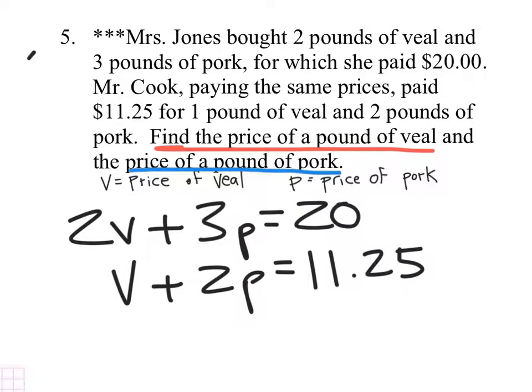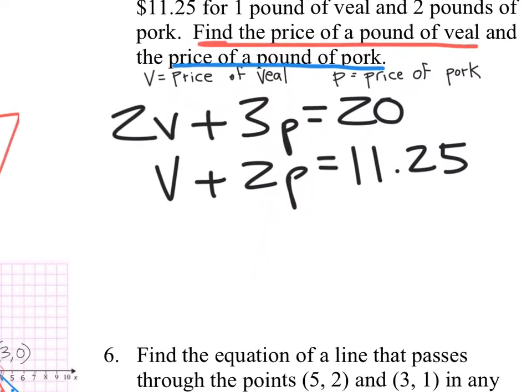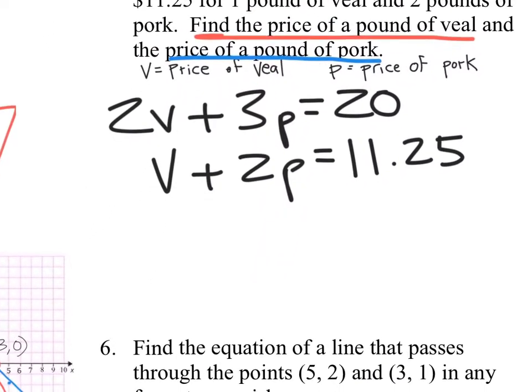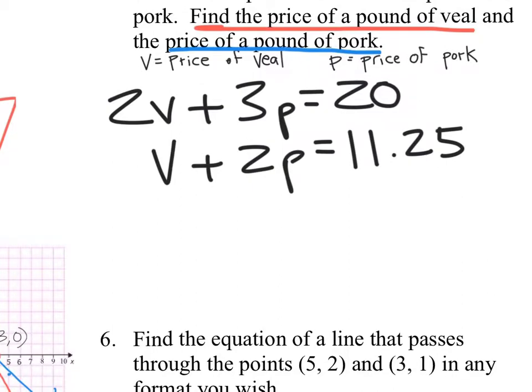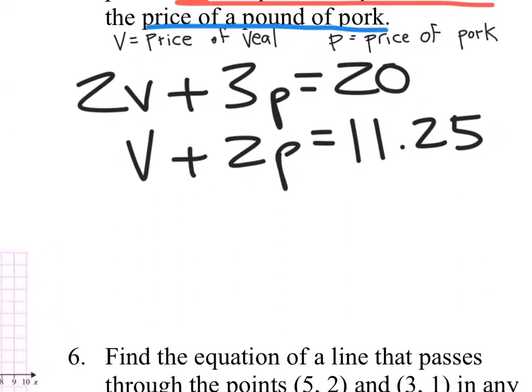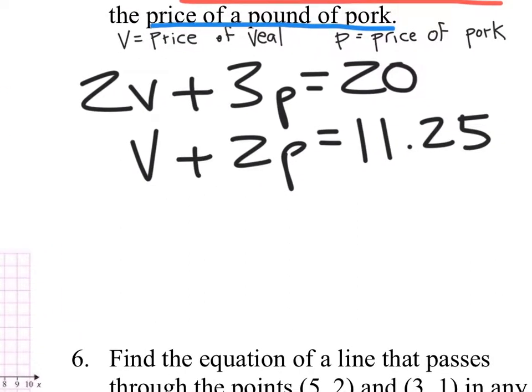Great. So what do we need to do? We need to eliminate one of these variables so we can isolate the other and figure out what the value is per pound. So let's figure out what the pound is first of pork, and to do that we're going to eliminate the veal. So we're going to multiply this bottom equation by negative 2, because when we then combine like terms, we can eliminate the veal.